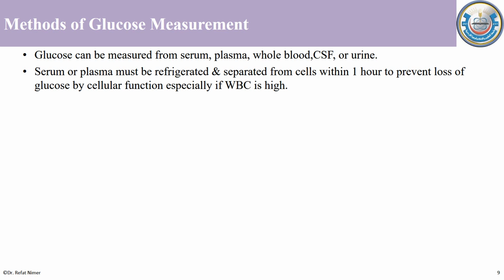That's why if you leave the sample at room temperature for 1 hour and you measure your glucose level, then you can see that the glucose level is falsely decreased. So it is not the real value, but it is decreased because of the action of white BCs, in this case the consumption of the glucose by cellular function done by white BCs.